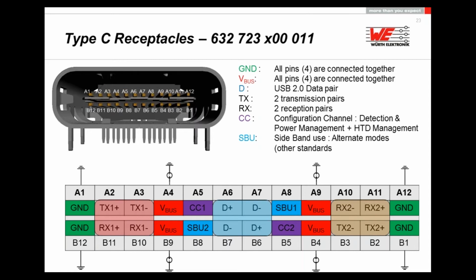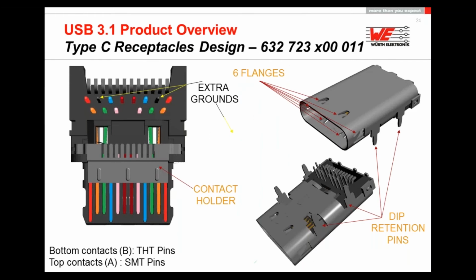Added in blue, the additional information lines, and for the 3.1, we will find a CC1 and a CC2 when we take a look at the pin A5 or B5. That is a pin that will send a signal and recognize in which way the mating part is plugged in. So over that line, we will get the information whether we put it in upside down or the other way.